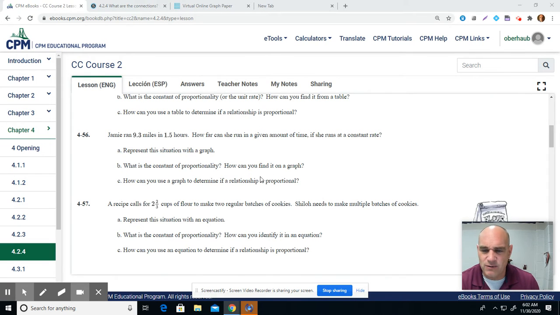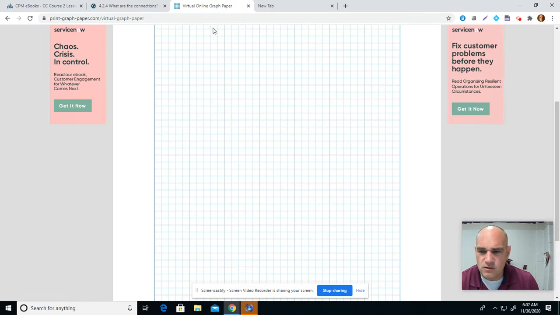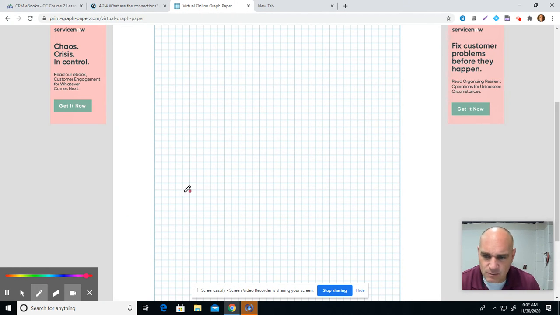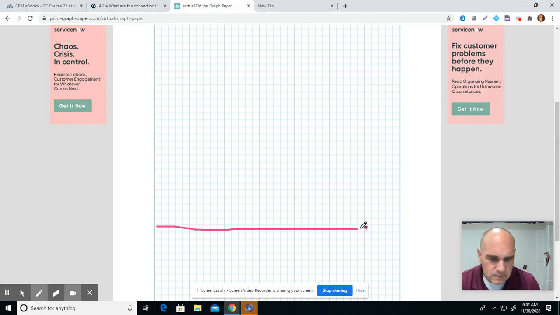So let's see. We want to graph this: 9.3 miles in 1.5 hours. All right. So let's see. We're going to make ourselves a table. I'm going to do it down here.